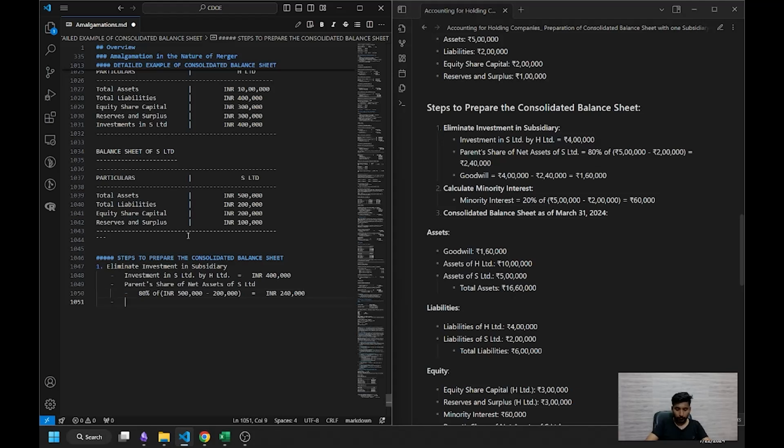And the goodwill is rupees 4 lakhs minus rupees 2 lakh 40,000, which makes the goodwill equal to 1,60,000.